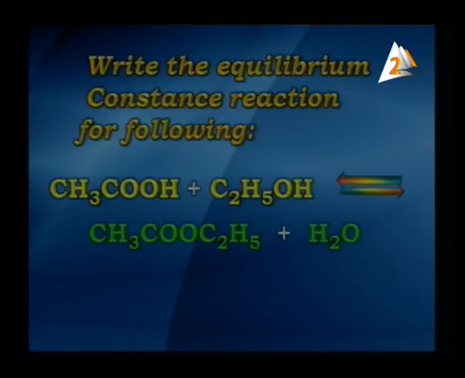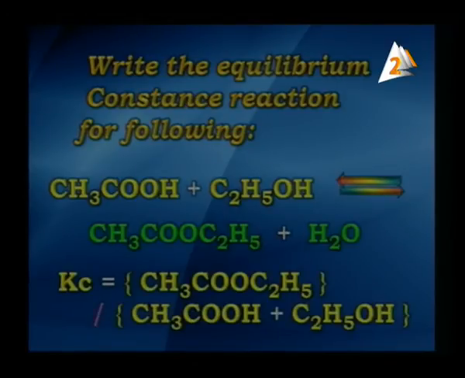It directly gives ester and water: CH3COOC2H5 plus water. What do you need? Here Kc equals CH3COOC2H5 divided by CH3COOH times C2H5OH. So the product is divided by the concentration of the reactants.